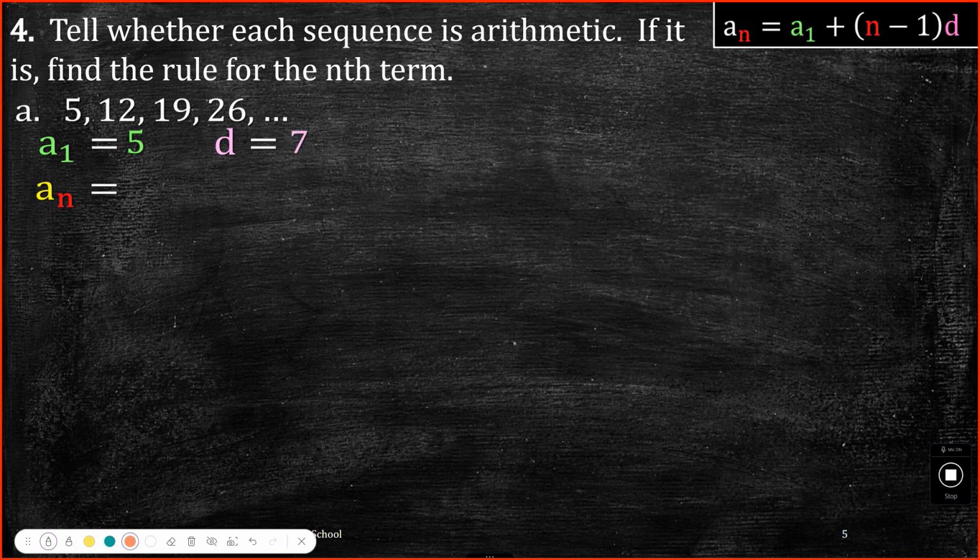So the formula is up there in the corner: A sub n equals A1 plus n minus 1 times d, where A1 is 5, plus, we don't put a number for n, that's going to stay as a variable, n minus 1, times the common difference.